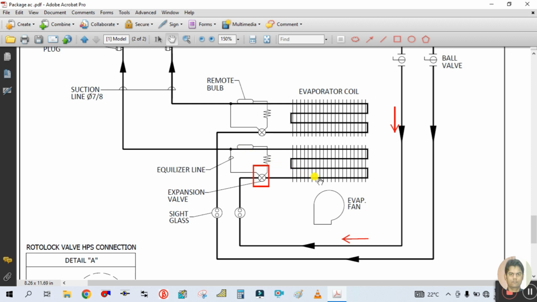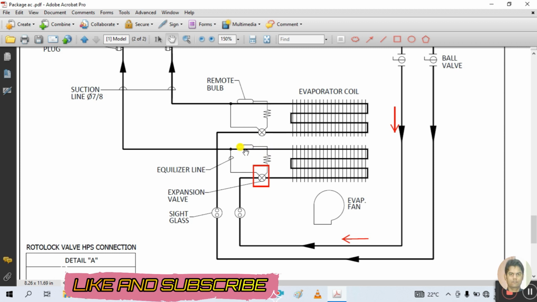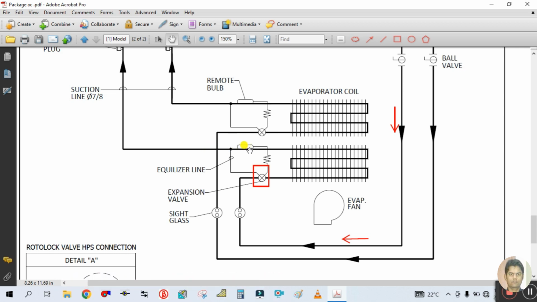So it will sense the temperature of the refrigerant which is passing through this discharge pipe. It will sense and send the signal to this expansion valve. Accordingly, this expansion valve will allow the refrigerant to pass inside this evaporator coil.